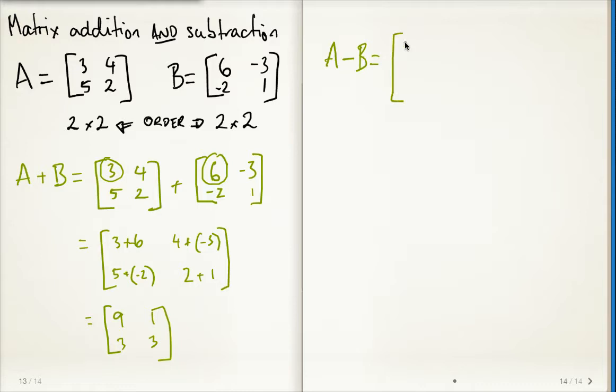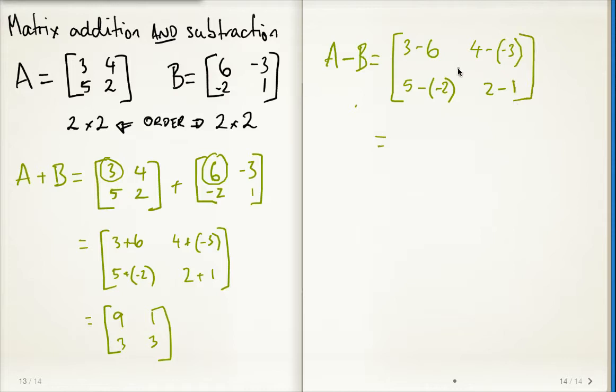So matrix A is 3 in that first spot, minus 6. Then I want to do 4 minus 3. Be careful with that. 5 minus 5 minus 2, and then 2 minus 1.